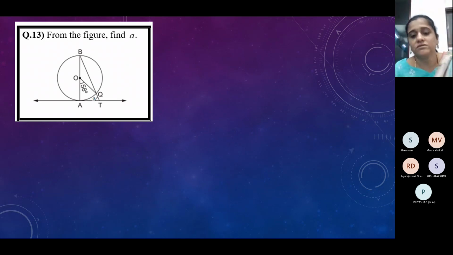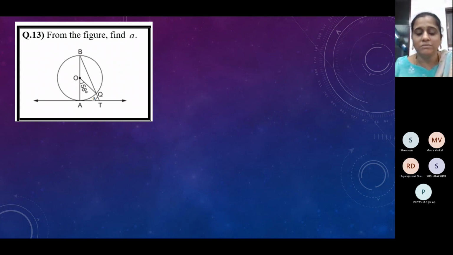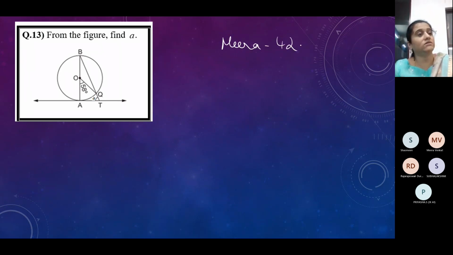Okay. What is the value? 42. Meera, once again. Ma'am, 42. Okay, we'll see. Ma'am, 61 degrees. Okay, Meera 42. Let me make a note. Meera says 42. Then Harani and Rajarajeshwari say 61.